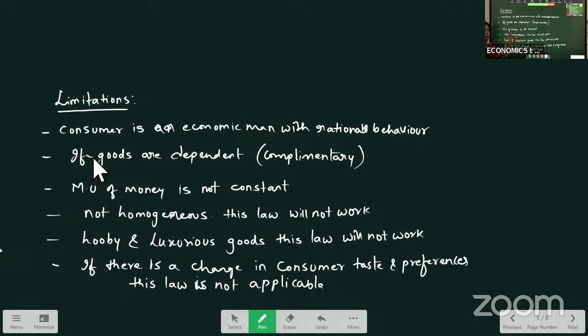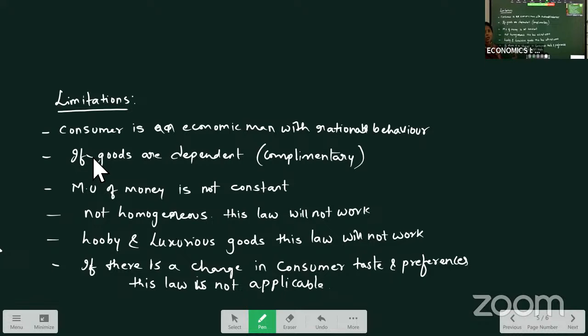Marginal utility of money is not constant. In reality, if you have more money, you are getting more satisfaction. Your satisfaction will never be constant. Homogeneous goods: if goods are not of the same size, same color, then this law will not be useful. And hobbies: in case of a hobby, whatever you're doing, you like it.